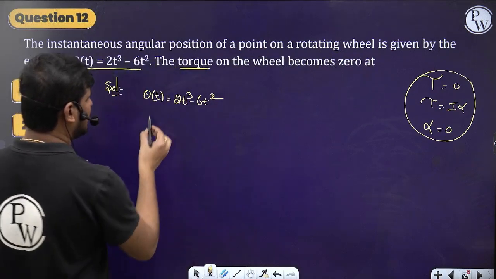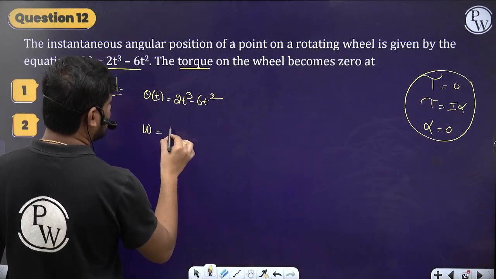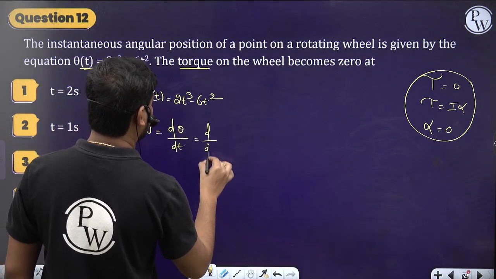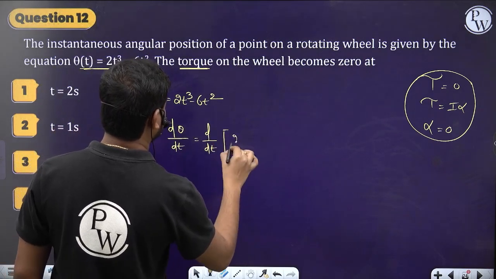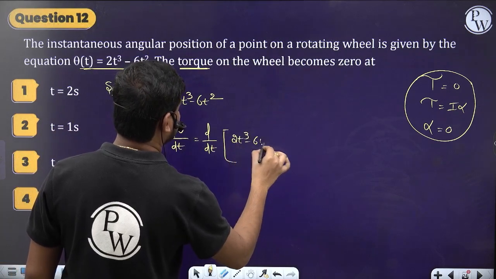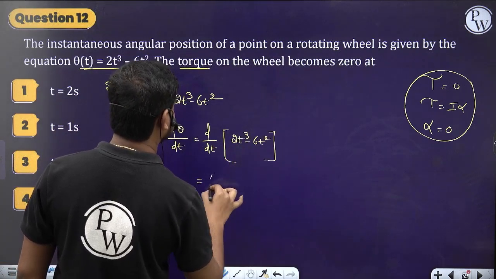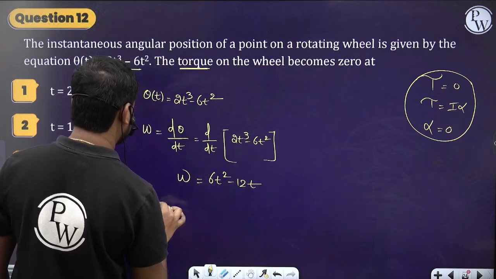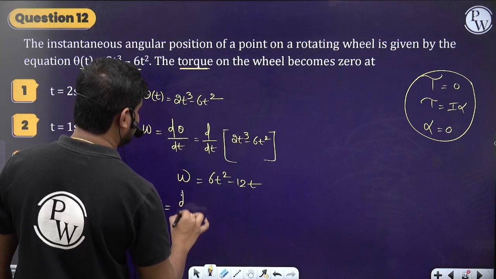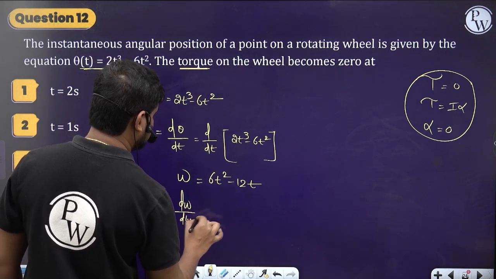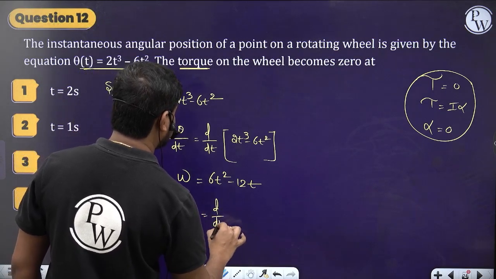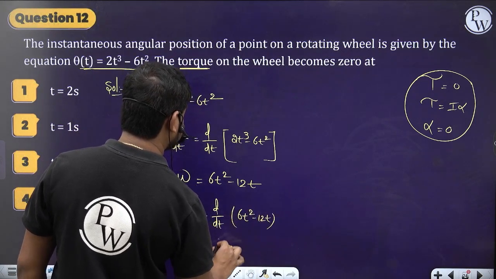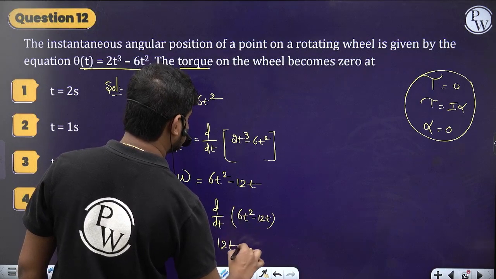So find alpha. How do you find alpha? You can find omega first, which is d theta by dt, which is d by dt of 2t cube minus 6t square. Here it's going to be 6t square minus 12t. This is omega. Then alpha is d omega by dt, d by dt of 6t square minus 12t, which is 12t minus 12.